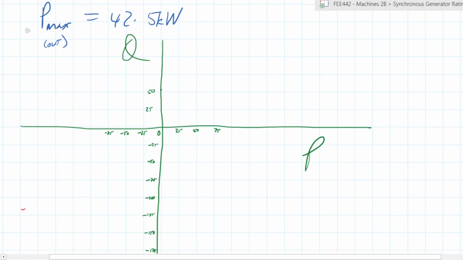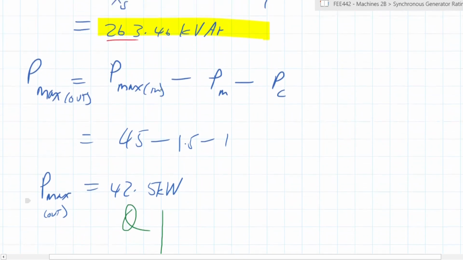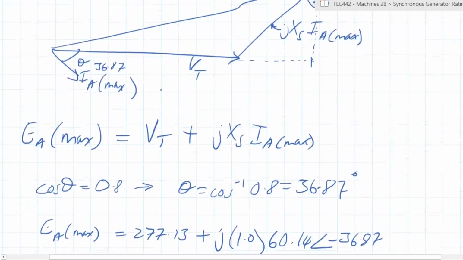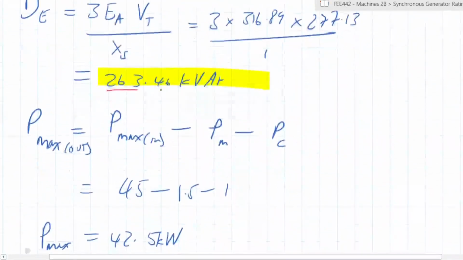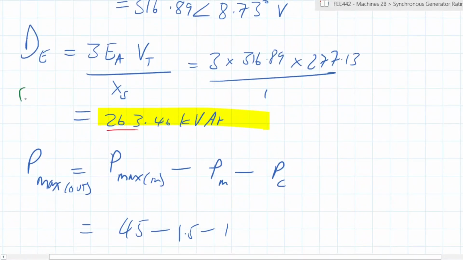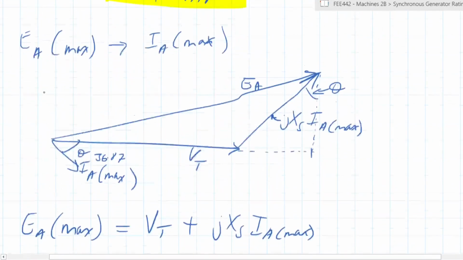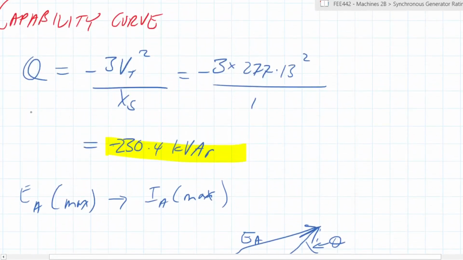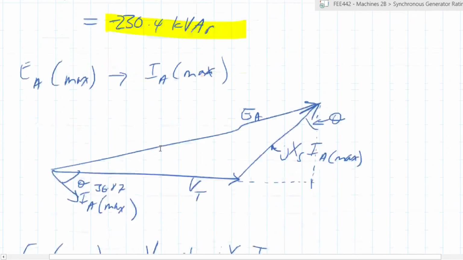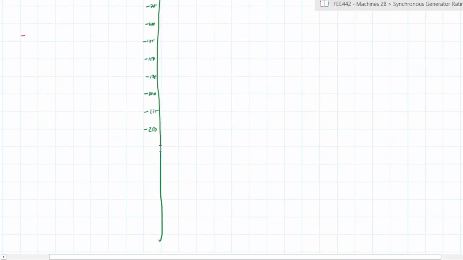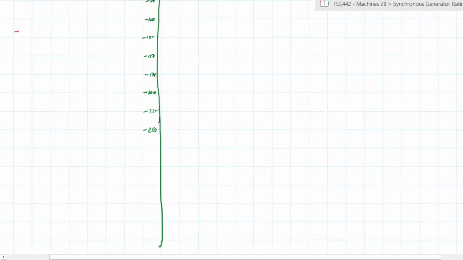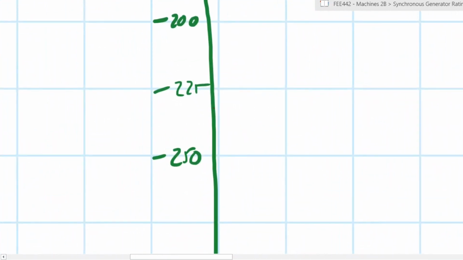So going back to our indications. The first thing is we look for the field current limit. So the field current limit is a circle centered around the Q point with a radius of DE. So DE will be our radius, and the Q point will be our center, right? So our center is at negative 230.4 kVAR. Let's have it here, roughly somewhere there.